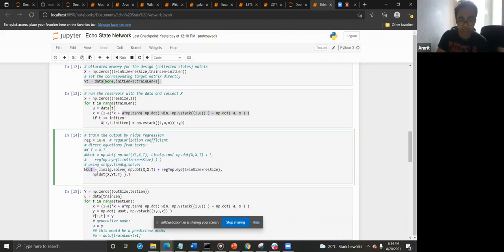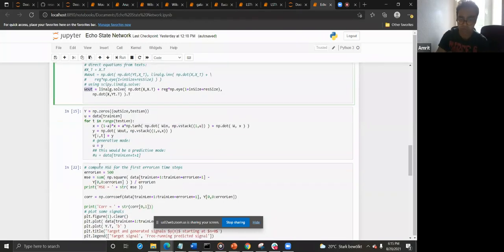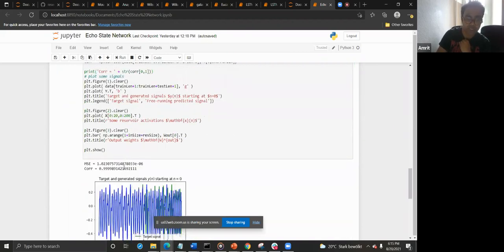Basically, you put in the signal, you see the activity, and then you use that activity to solve this output weight matrix. Once you have it, you just run it. You put in whatever signal you want, you get your activity in the reservoir, you multiply it by the out weight matrix, and then you reconstruct the signal.